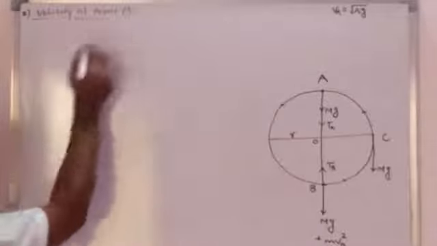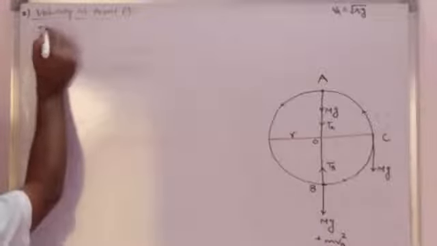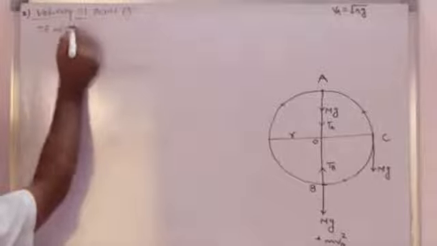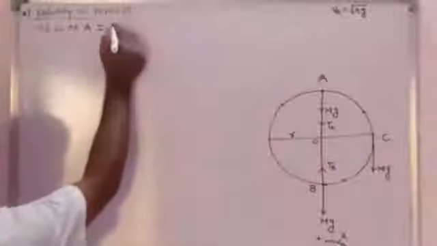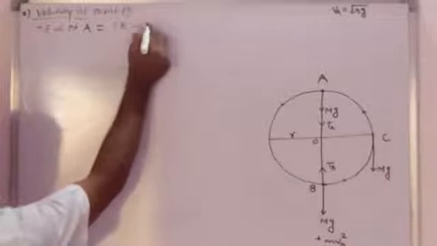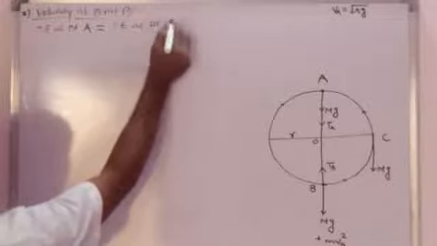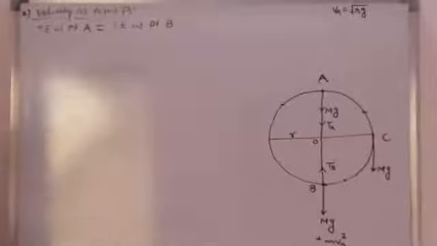So principle of conservation of energy is total energy at point A, that is highest position, is equal to total energy at point B. Now total energy is nothing but the sum of kinetic energy and potential energy.